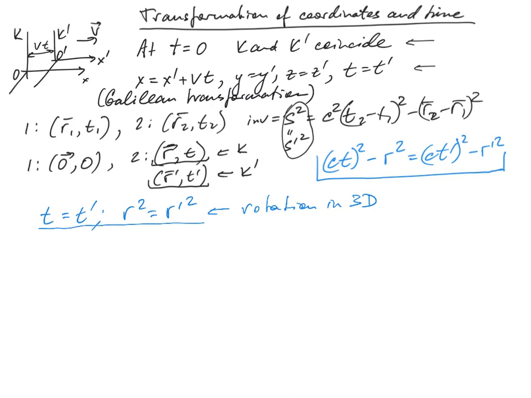Now what we want is a transformation that involves time and space at the same time. So let's consider a transformation of the following structure. Let's consider the transformation where x and t mix together through a hyperbolic rotation.